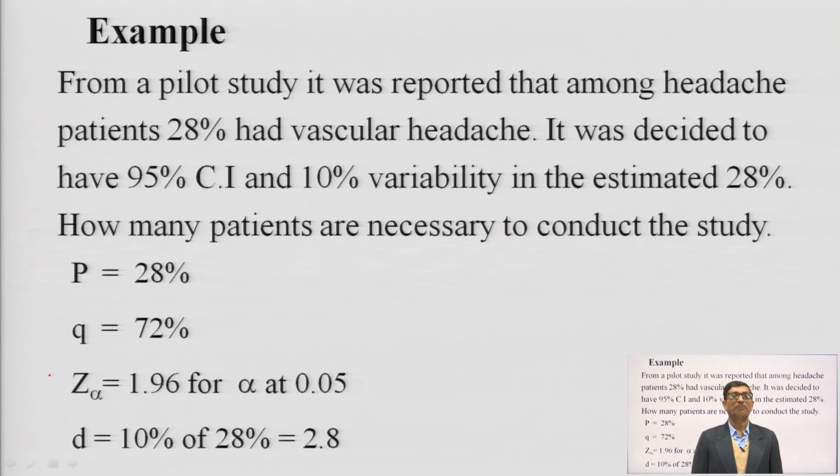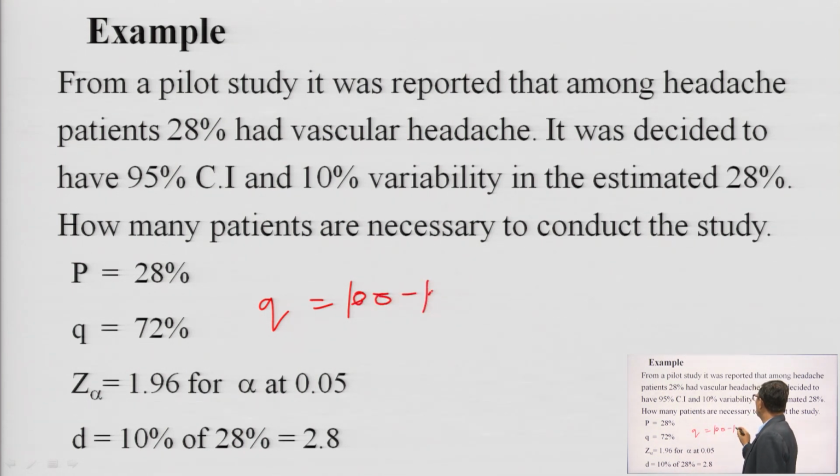Here we have p, that is the proportion, 28%, and q, as we know, equals 100 minus p, and this is 100 minus 28%. So, it will equal 72%.